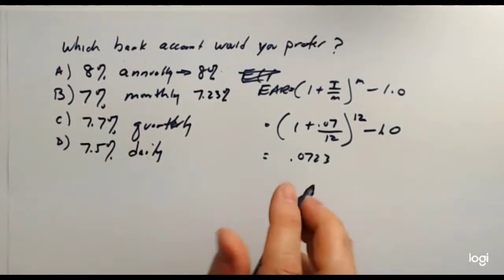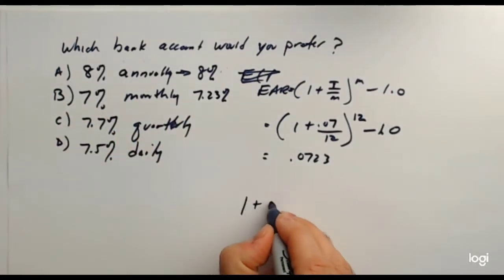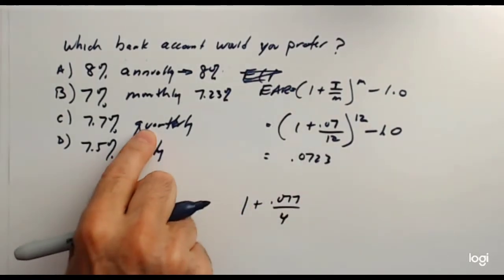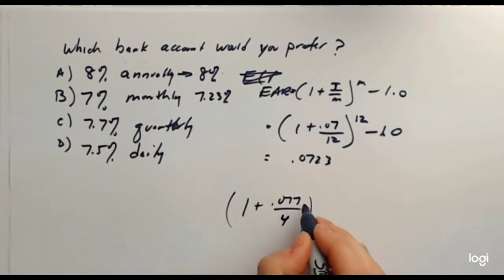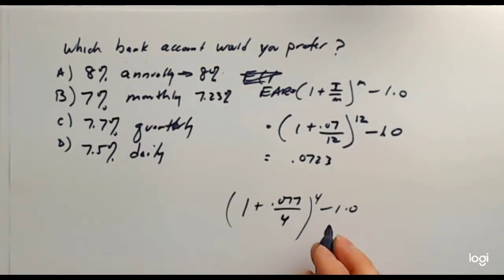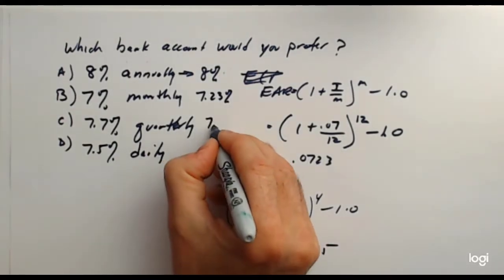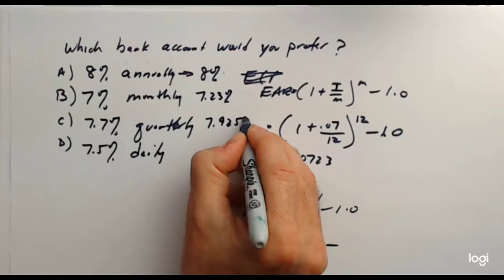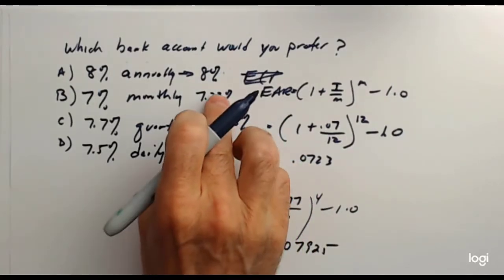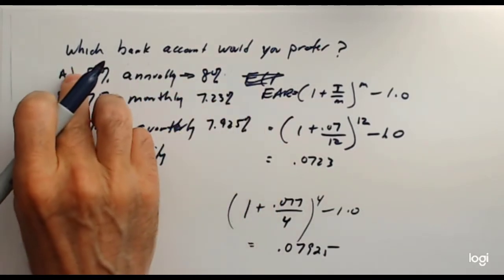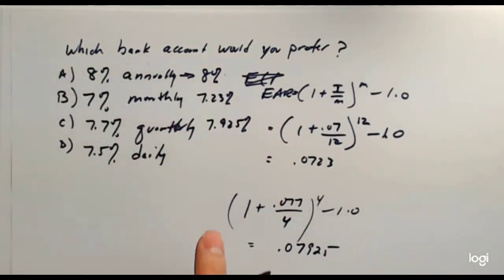Now what about the 7.7%? 1 plus 0.077 divided by 4, because we're looking at quarterly, to the 4th power minus 1, and we get here 0.07925. So this is 7.925%. Ooh, that's better than B for sure, but still not as good as this choice A, where you get 8%.